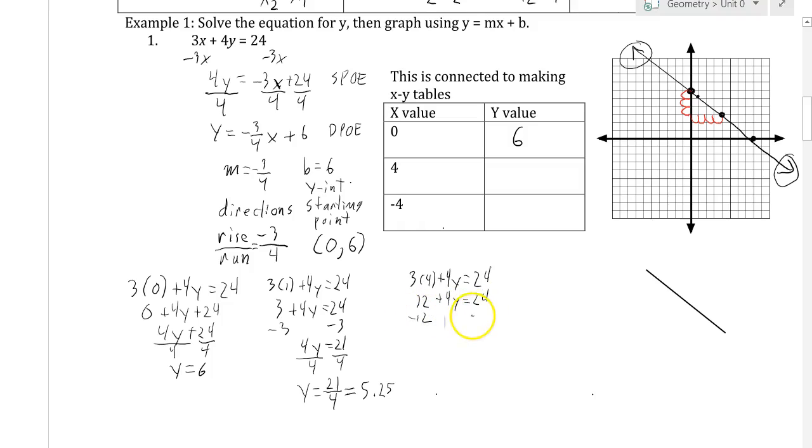Subtract the 12, subtract the 12, 4y equals 12. Dividing by 4, we have a nice whole number, y equals 3. You get to pick your x values, so you can pick values that give you nice whole numbers, you can pick values that give you horribly ugly decimals, but then you have to be able to deal with whatever y values you get in return.